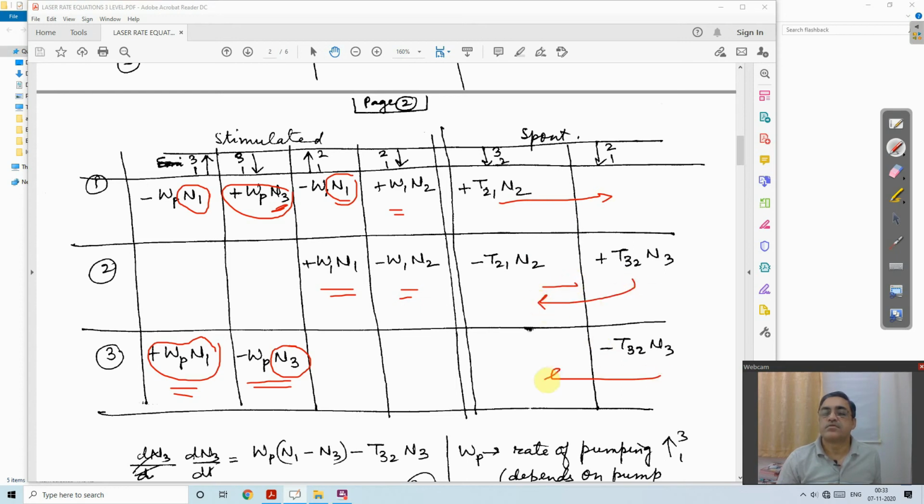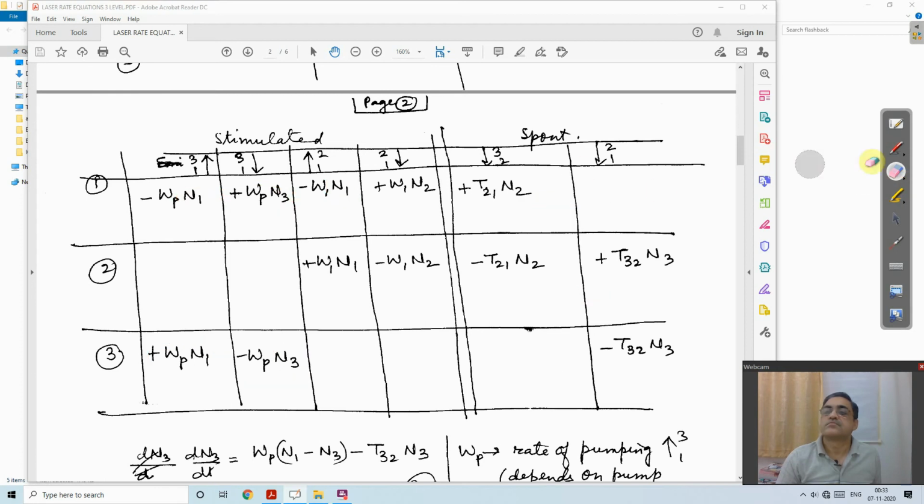Well, it doesn't matter much, because here we can change it. I can write 2 to 1 and this one 3 to 1, and you see it is proportional to level 2, 2 to 1, and it is here conserved.